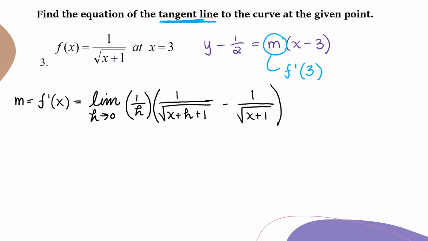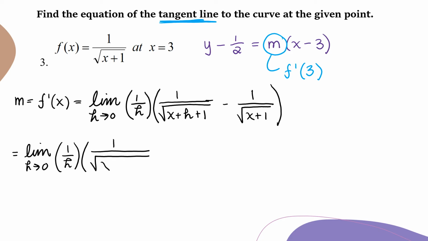And now we need to figure out some way to simplify this. I'd say we probably want to start by first combining these two expressions. So we need a common denominator. So this is equal to the limit as h approaches 0 of 1 over h times 1 over the square root of x plus h plus 1, which will need to be multiplied by the square root of x plus 1 over the square root of x plus 1, so that we have that common denominator.